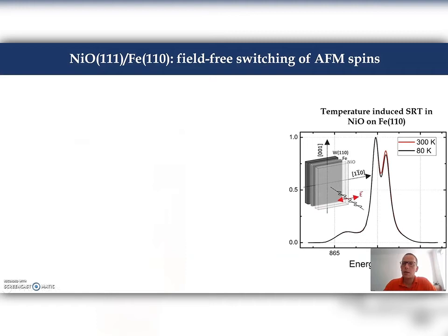And when we take a look at the absorption spectrum of nickel oxide at 300 K and at low temperature, you see we have some small but significant XMLD effect, and from that we can conclude that we have indeed a temperature-induced spin orientation transition not only in iron, which I do not show here, but also in antiferromagnetic nickel oxide.